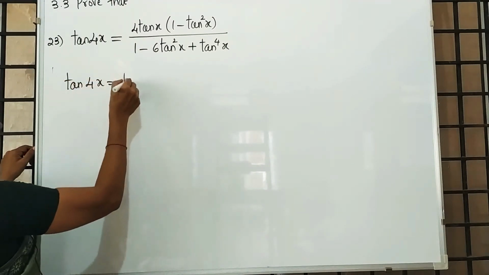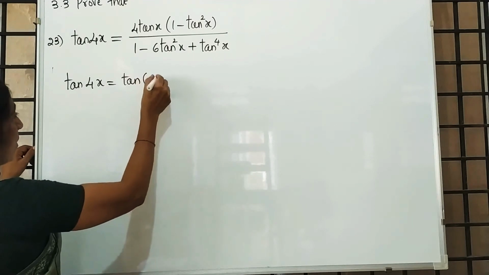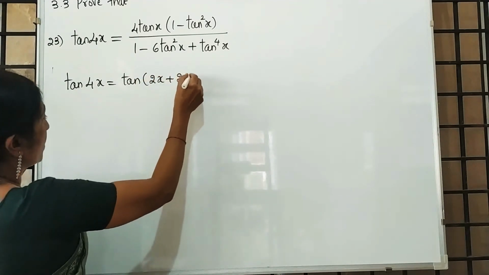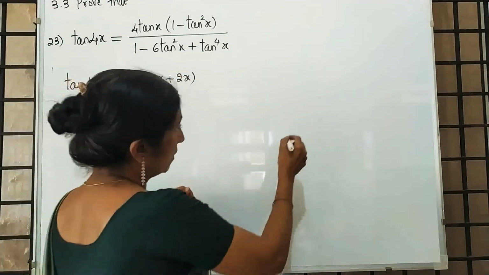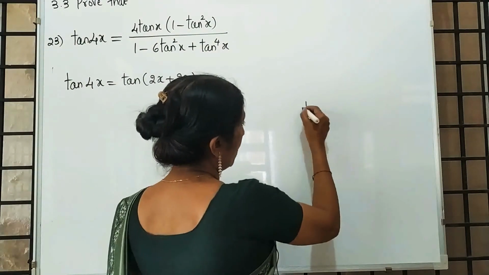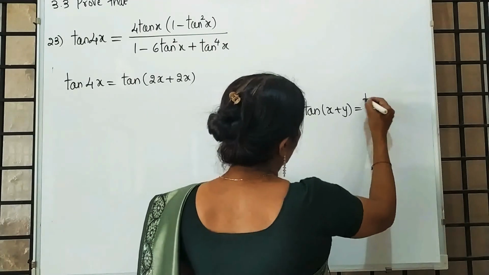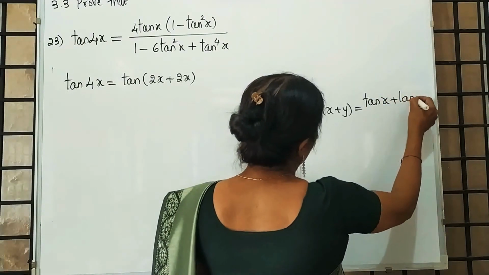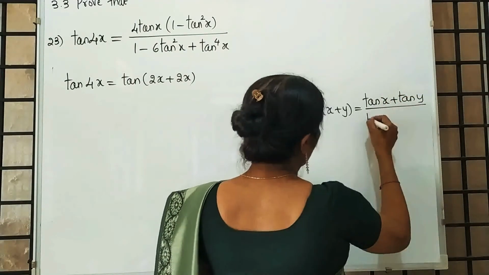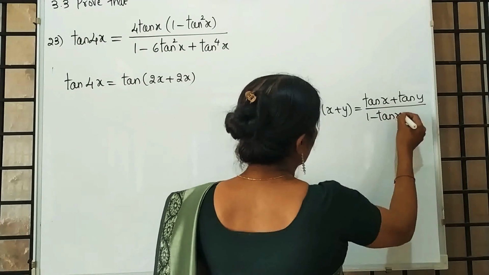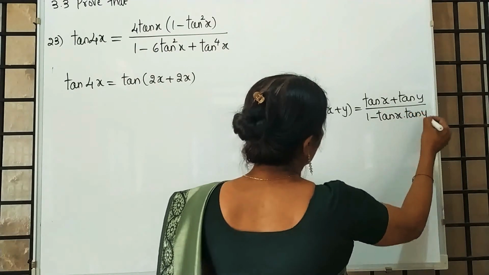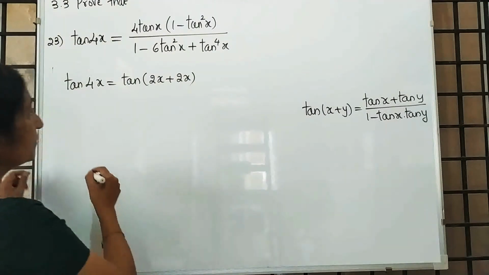Tan 4x, that will be written as tan 2x plus 2x. It is in the form of tan x plus y, that is tan x plus tan y divided by 1 minus tan x into tan y.